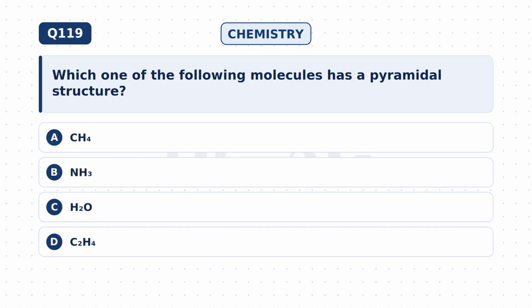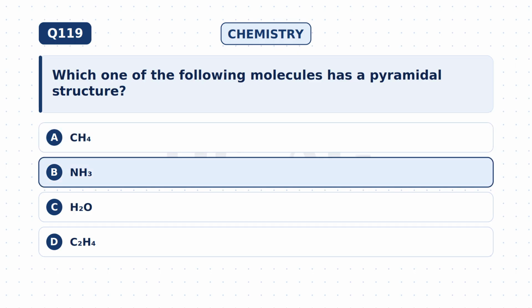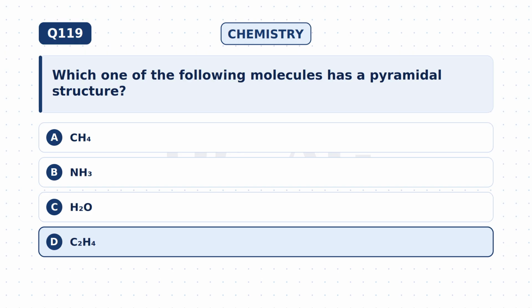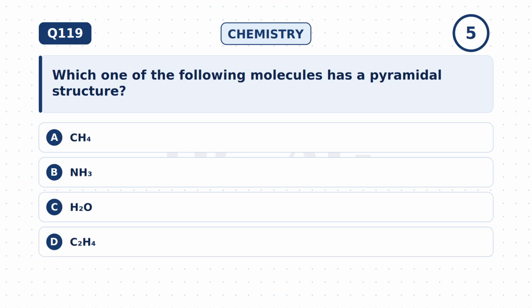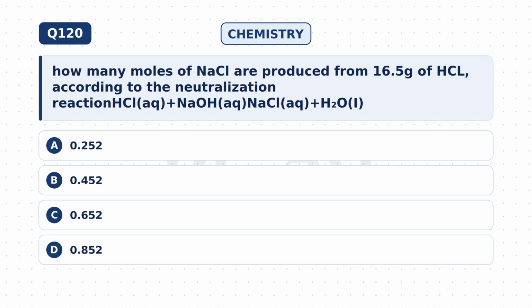Question 119. Which one of the following molecules has a pyramidal structure? Option A, methane. Option B, ammonia. Option C, water. Option D, ethene. The correct answer is B, ammonia. Question 120.